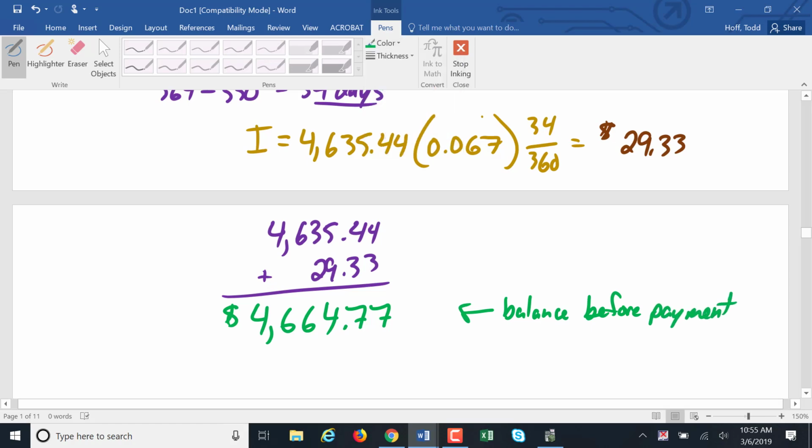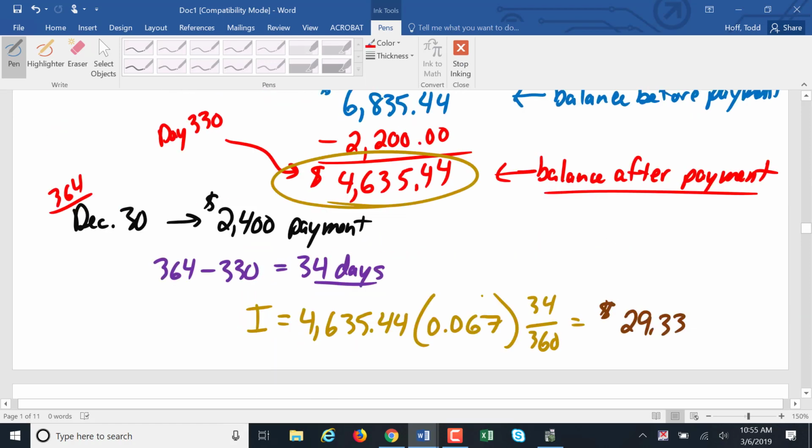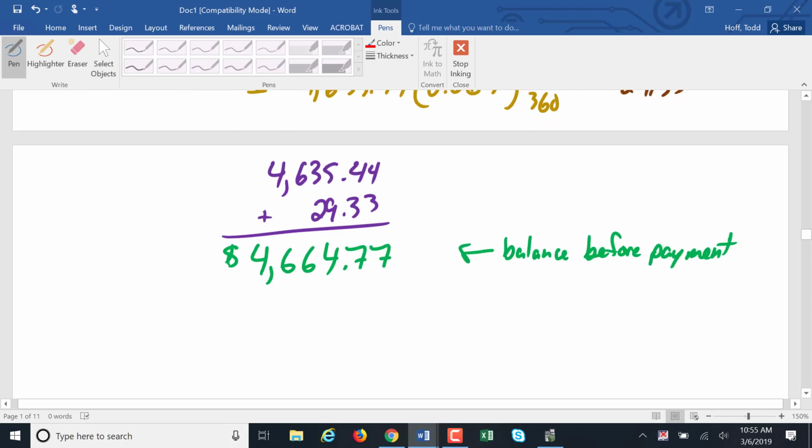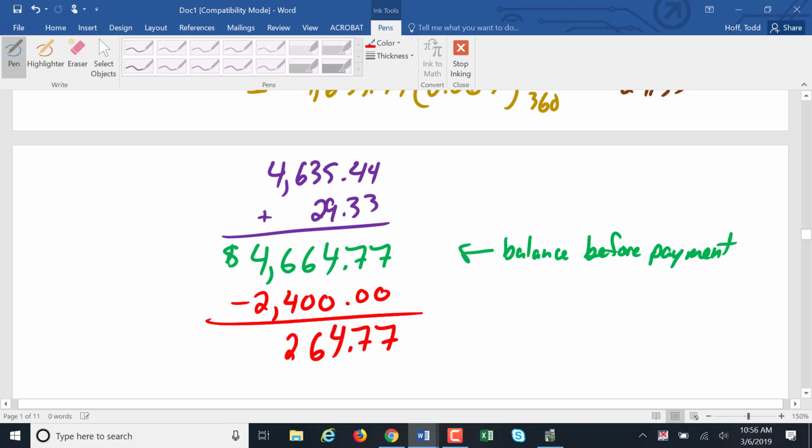Now we're going to subtract that payment of $2,400 to get $2,264.77 is our balance after the payment.